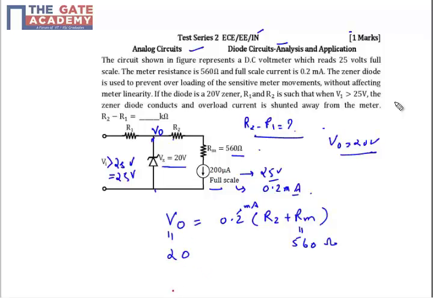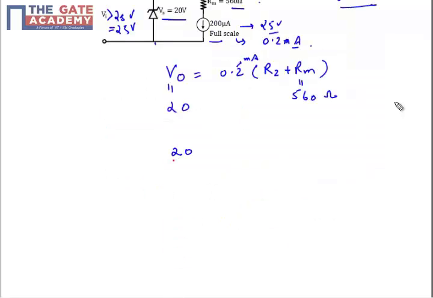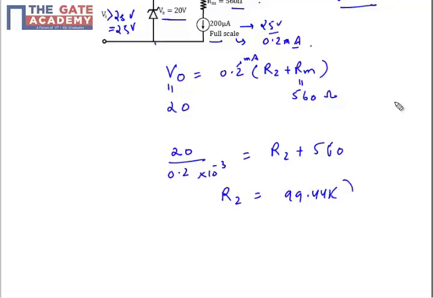So we have all the unknowns here. 20 divided by 0.2 times 10 raised to power minus 3 equals R2 plus 560, and I get the value of R2 as 99.44 K.